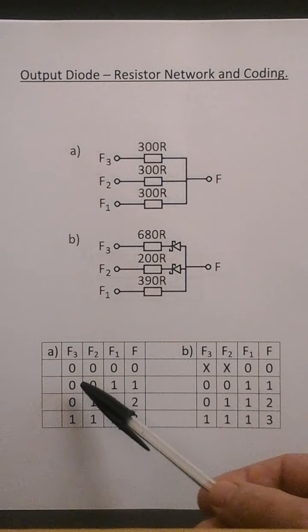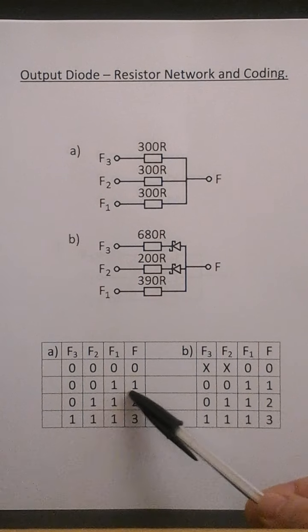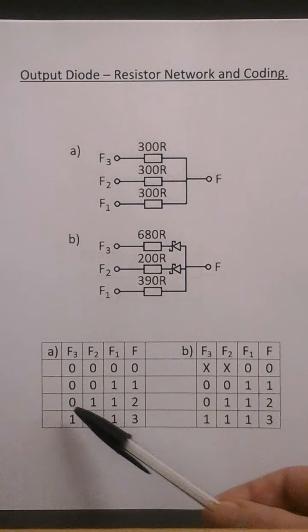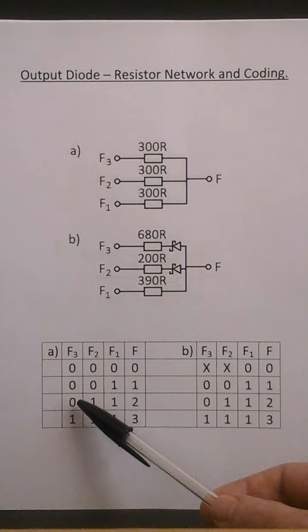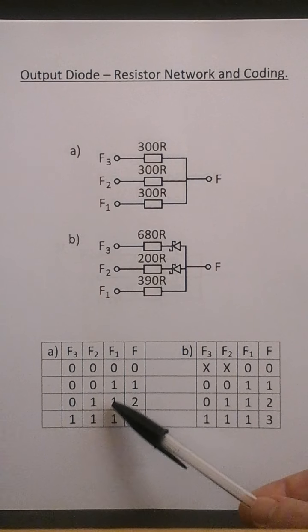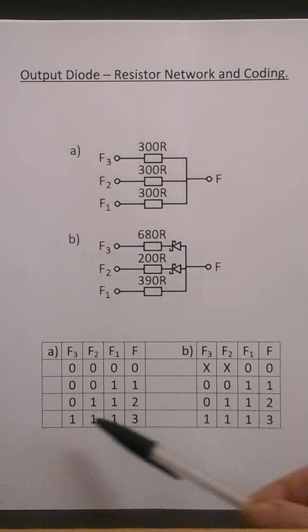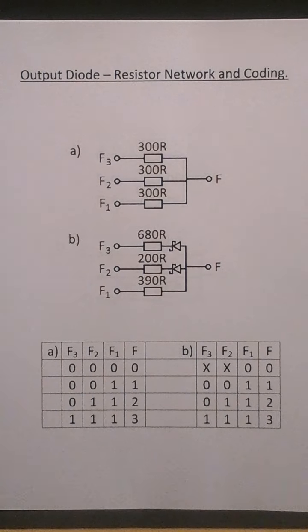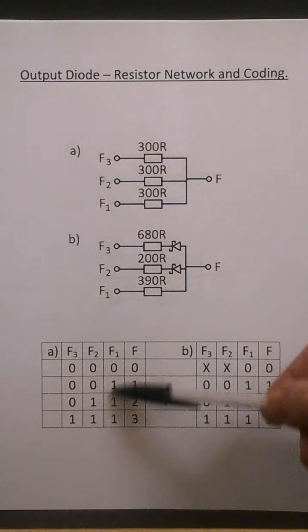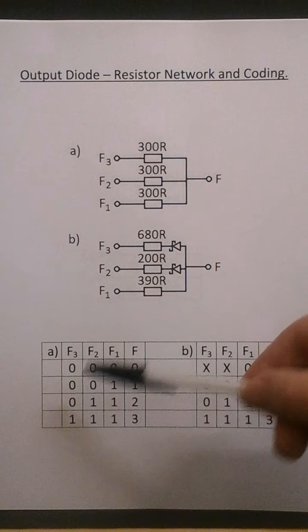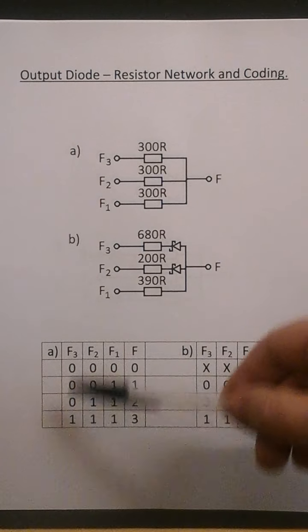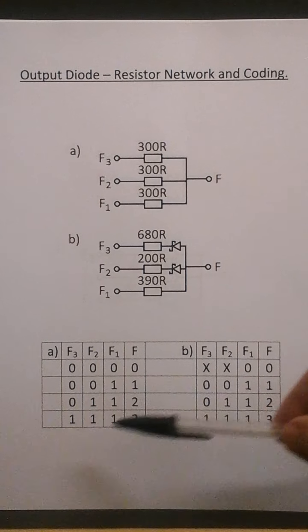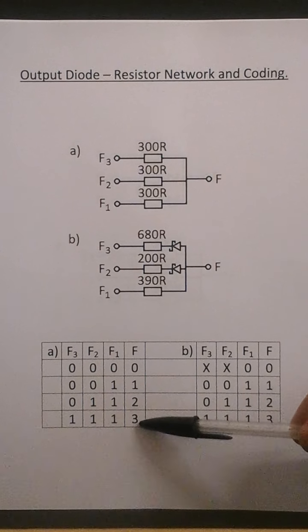If F is a 1, F3 is a 0, F2 is a 0, and F1 is a 1. F is a 2, F3 is a 0, F2 is a 1, and F1 is a 1. F is a 3, F3, F2 and F1 are all 1s. So these are the binary outputs from the 74ACT logic, and these are the quaternary outputs.